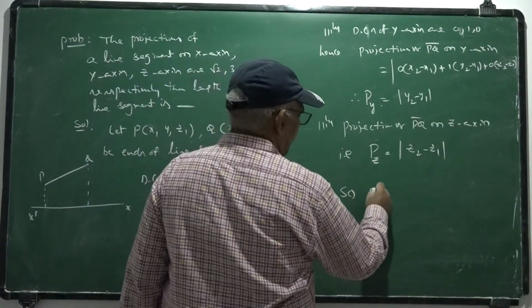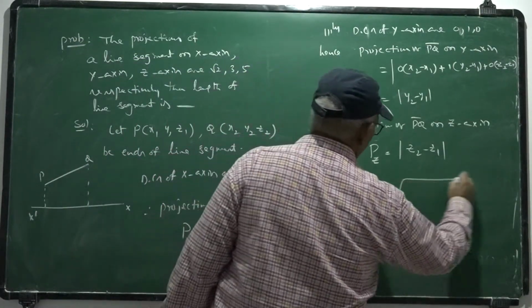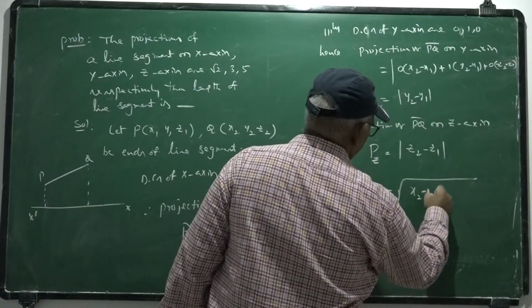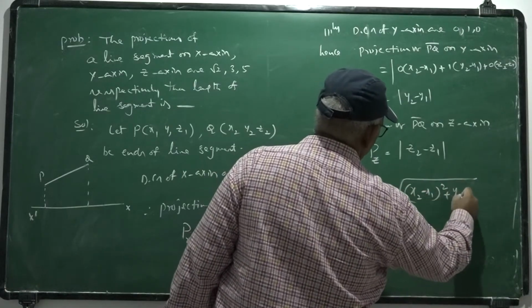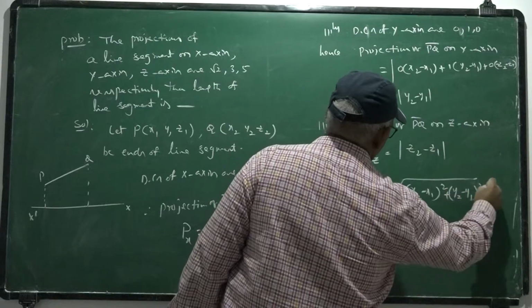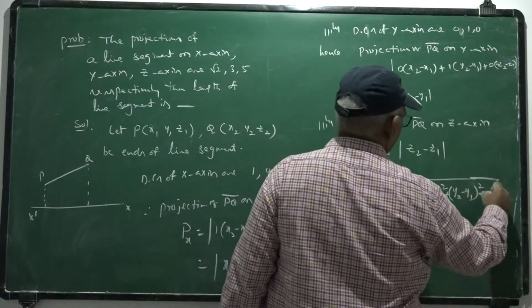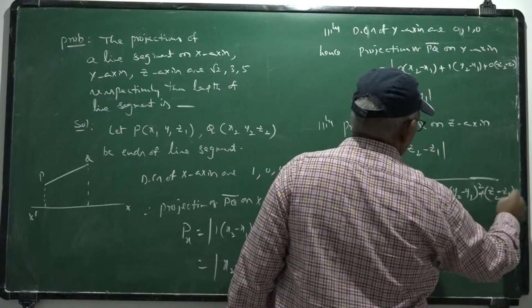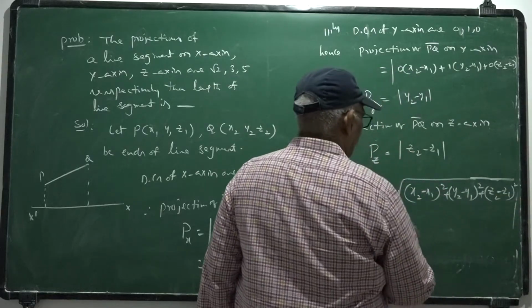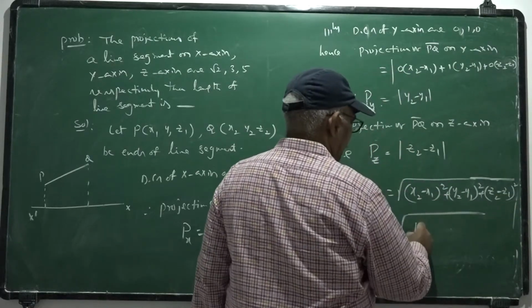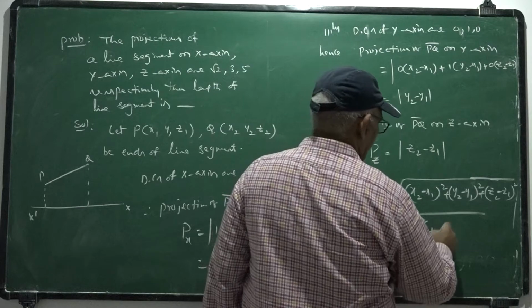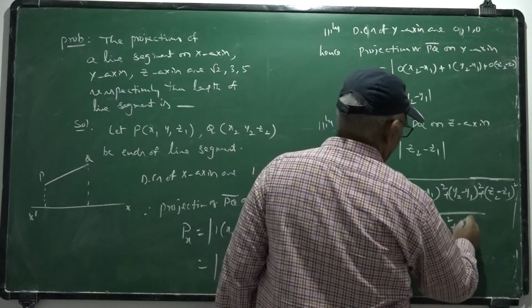So, PQ distance is square root of (x2 minus x1) whole square plus (y2 minus y1) whole square plus (z2 minus z1) whole square itself. That is square root of Px square plus Py square plus Pz square.